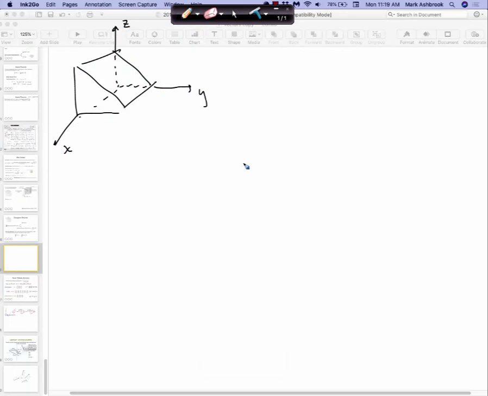What was our vector field for that one? xy, y squared, z. Okay, very good. And this was x equals 1?